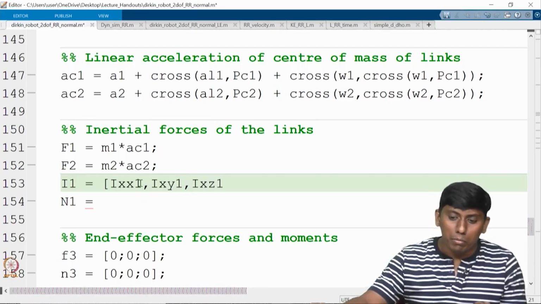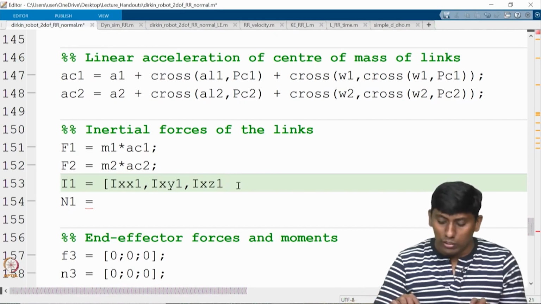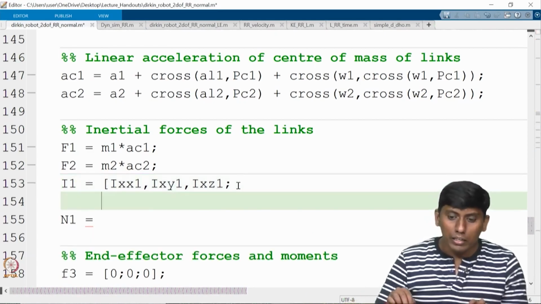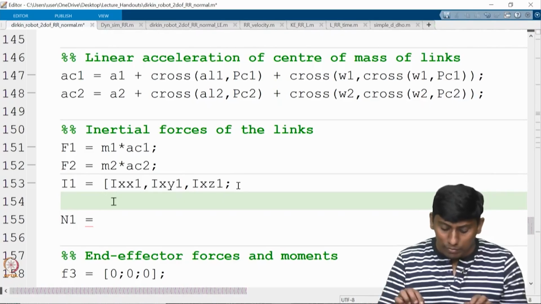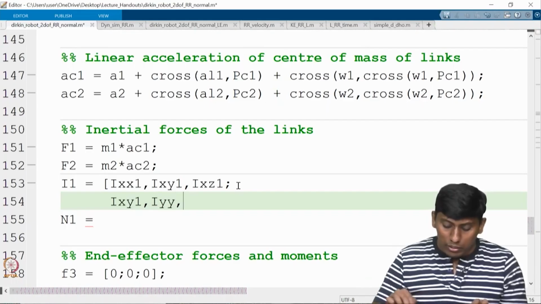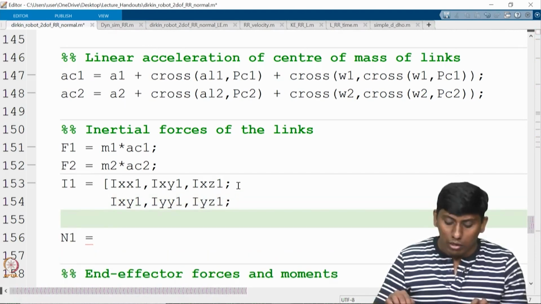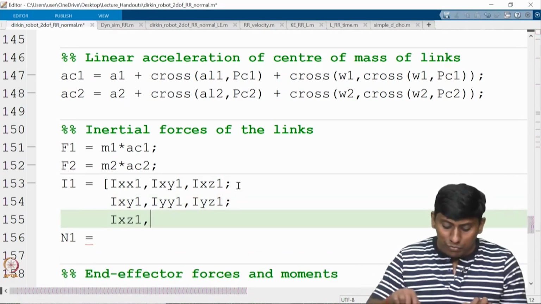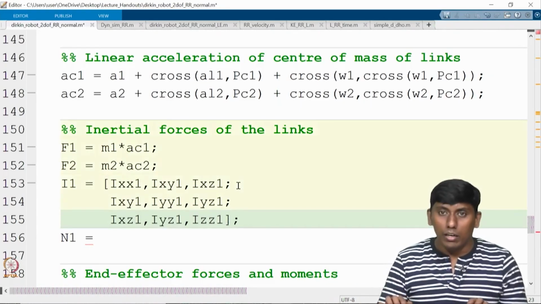In fact, we will put a minus sign here that you can get even from the unit itself. Now I am writing this as a tensor. So you can write IXY1, IYY, and IYZ1. Then you have IXZ1, IYZ1, and IZZ1. This is the inertial value.